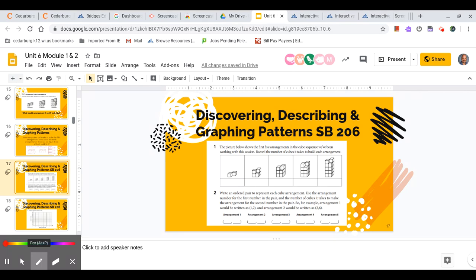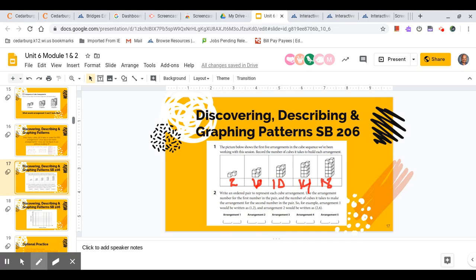So I would figure 2 for this first one. I would figure 6 for this next one. I would figure 10 for this next one. I would figure out 14 for this next one. And then I would figure out 18 for my last arrangement.